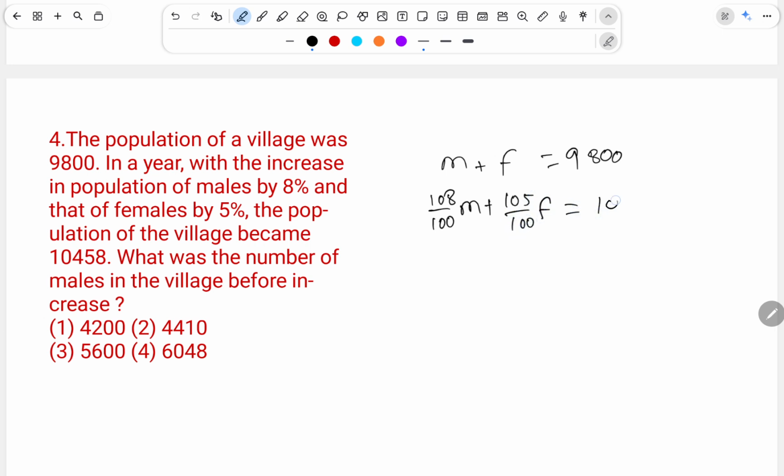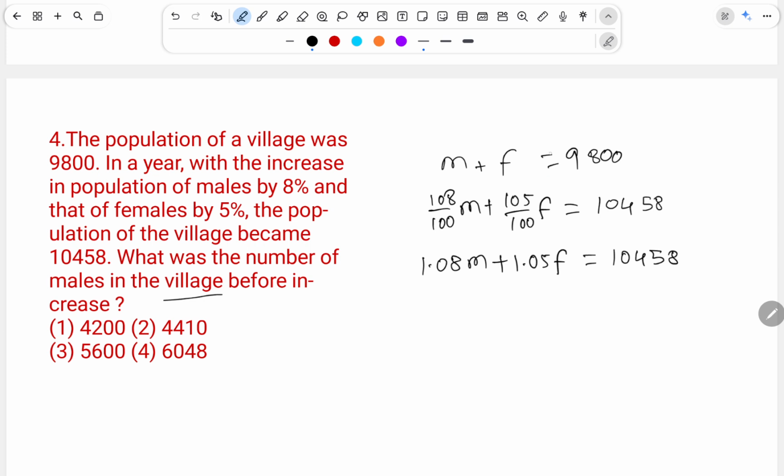Then it became 10,458. Taking the LCM, or otherwise, it is 1.08 m plus 1.05 f is equal to 10458. They're asking what was the number of males in the village.